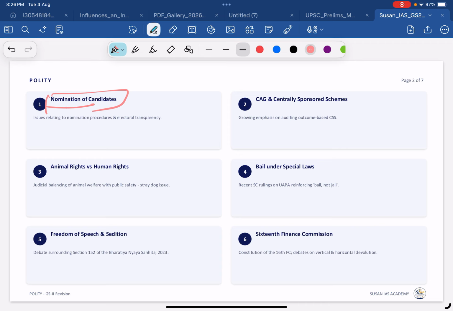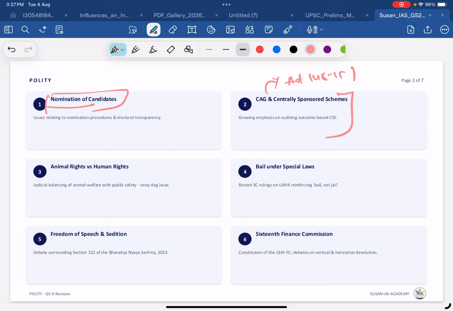Then the eighth important topic is the CAG, and the centrally sponsored schemes. For the CAG, like Article 148 to 151, its appointment and independence, powers and functions, recent CAG reports and Parliament, and the performance and outcome auditing, and accountability in public expenditures, limitations of the CAG, and reforms. One can refer to these in this topic, right?